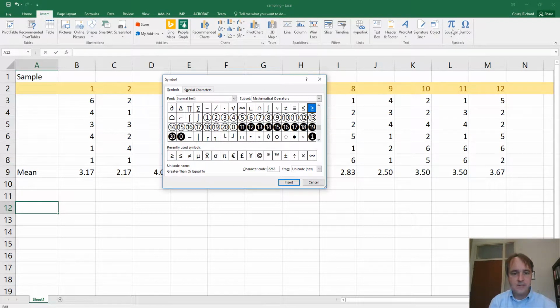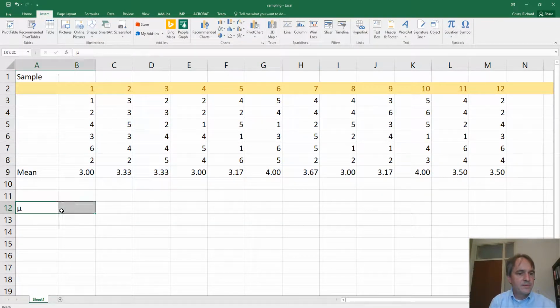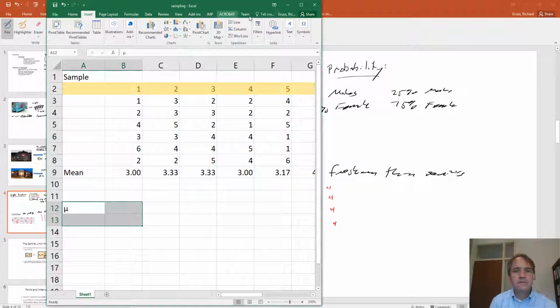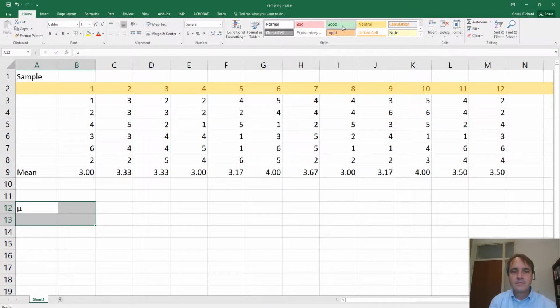If you go to insert and then symbol, you can use the mean symbol here. Remember, we use the Greek letter for the population parameter. So we'll color these. We'll make population parameters green here.